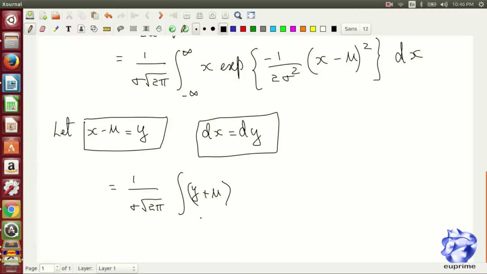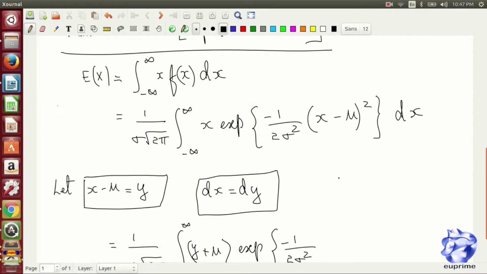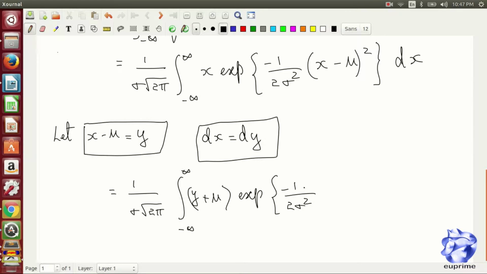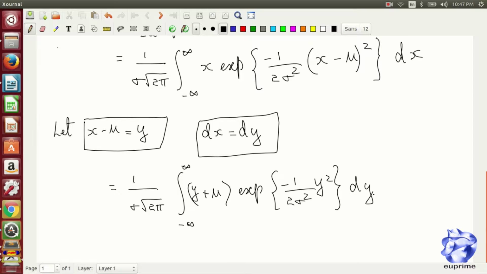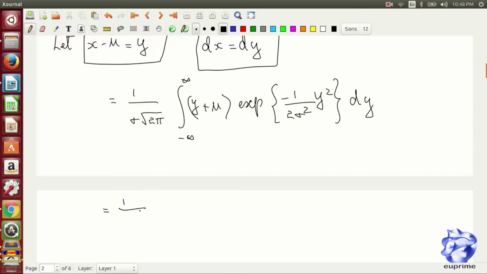And right now we take the integration, in which we simplify the exponent. We rewrite the equation in the following manner by taking y and mu by 2 sigma square common, root of 2 pi common.